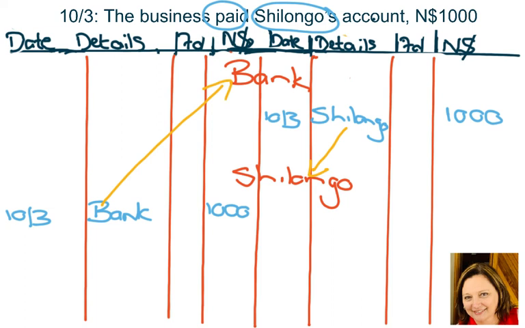Now, in this lesson, we looked at what is the general ledger, what is the format of a general ledger, and then also we did a few exercises. Our next session, we will use as a tutorial session, and we will do more exercises then on the general ledger account.